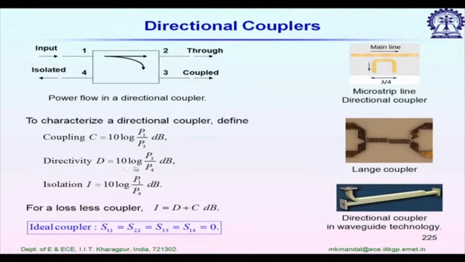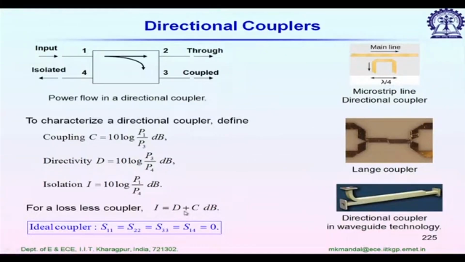It is defined by 10 log P3 by P4 in dB, and then the isolation is 10 log P1 by P4 in dB. For a lossless system it can be shown that I is equal to D plus C in dB. That means the isolation in dB scale is equal to directivity plus coupling.